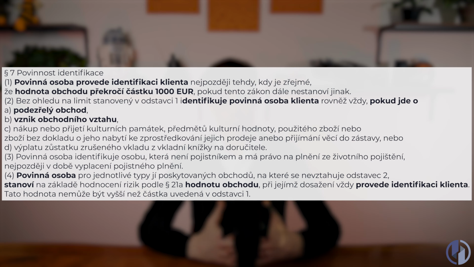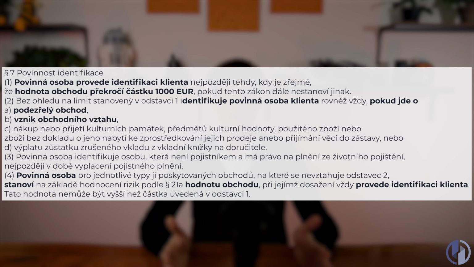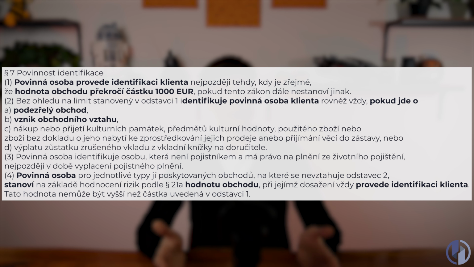It is very important to study in detail the conditions under which identification is required. Thus, in the Czech Republic, the conditions for identification are described in paragraph 7 of the AML Act. Let's break down its main points. Point 1. The value of the transaction outside the business relationship exceeds 1,000 euros.